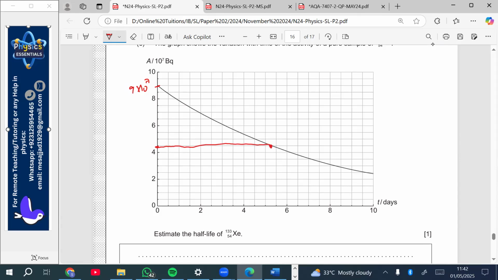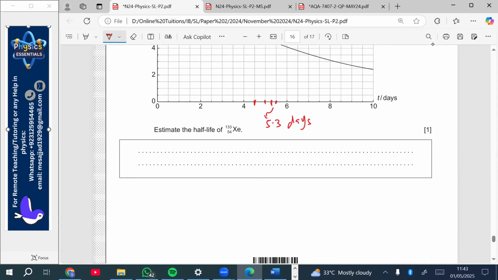So here you can see it is lying exactly at 4.5, 5.5, 5.25. 5.25 or 5.3, you can say 5.3 days or 5.25 days, whatever. So from the graph, it is 5.25 to 5.3 days.